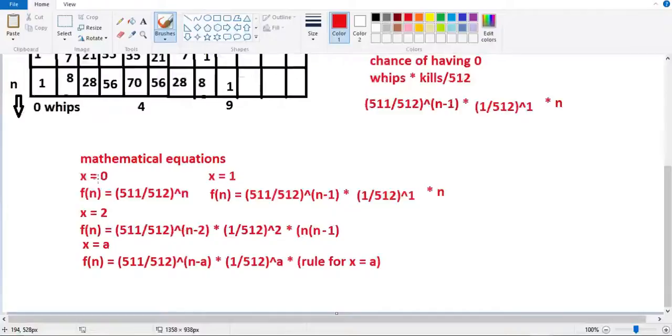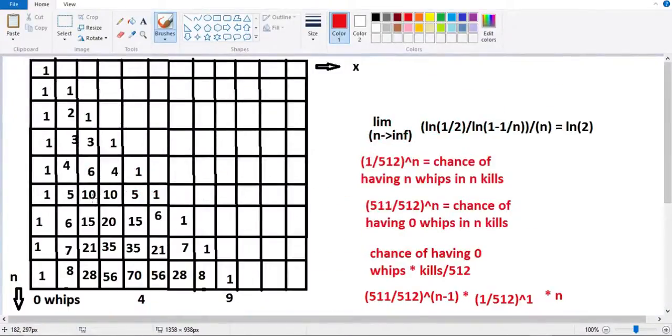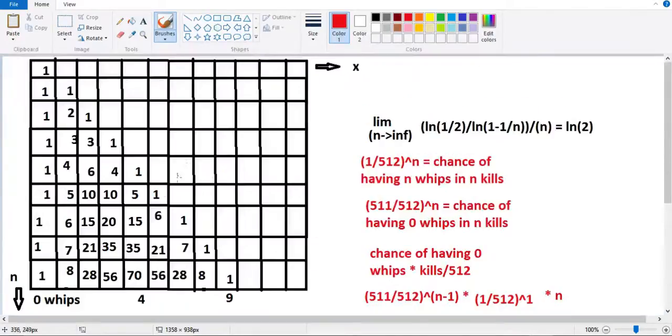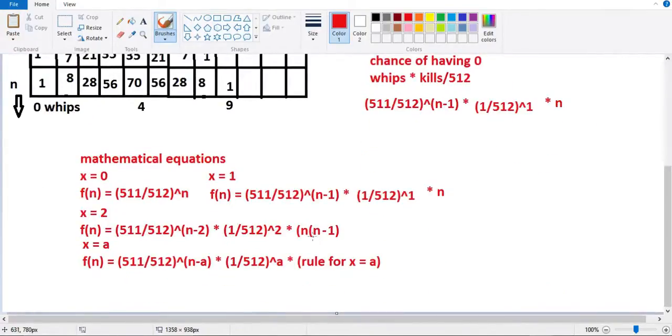But if you want to do the sum of 1 plus 2 plus 3 plus 4 plus 5 and so on, and you stop at n, it's going to be equal to n times n plus 1 over 2. But since you stop at n minus 1, because you don't go all the way up here, you stop here, it's n minus 1. It's hard to explain, but whatever. Well, actually, no, it's not hard.